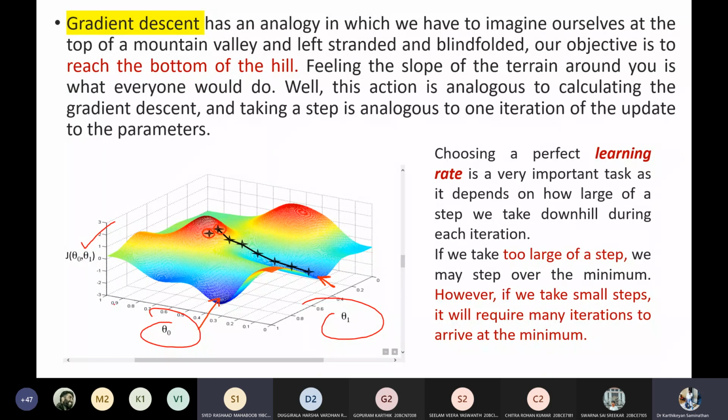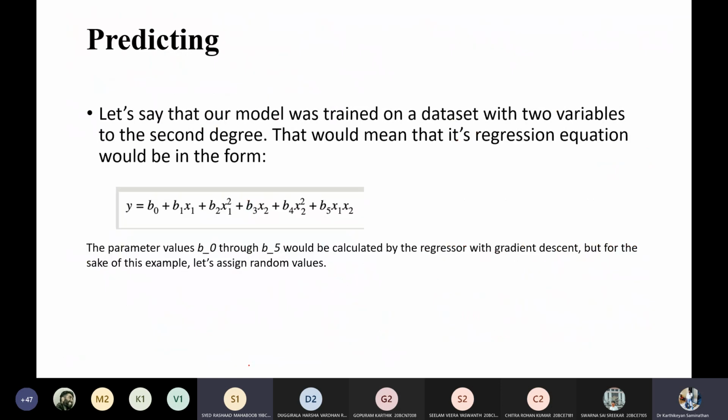See here, 0.9, 0.8, 0.6, 0.6. The step size is very minimal. We are not taking any too large step, because if we do, it will go to the last. So we take minimal steps so that we arrive with less error. That is what gradient descent is all about. We will see gradient descent in detail in later slides.